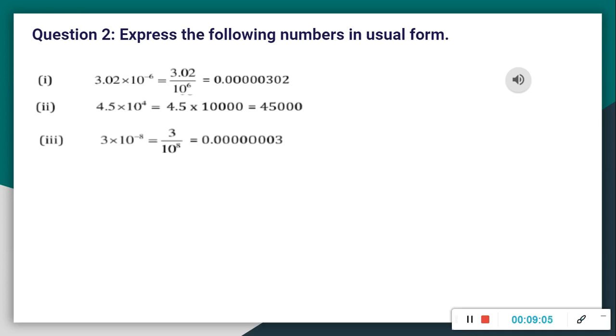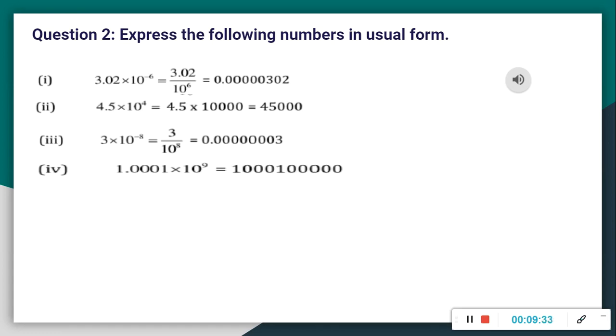Again a negative power, so it is a smaller number and the decimal will move to the left side. So 0. How many zeros will come? 7 zeros, then 3, because minus 8 is there. 3 is already there. So 1, 2, 3, 4, 5, 6, 7 zeros and 3. So the answer is 0.000000003. Okay.